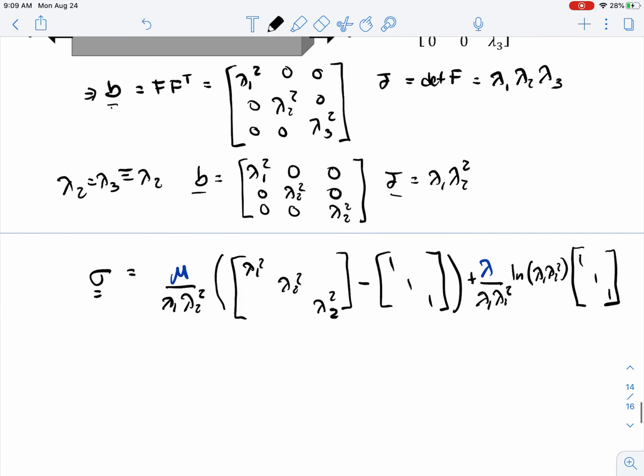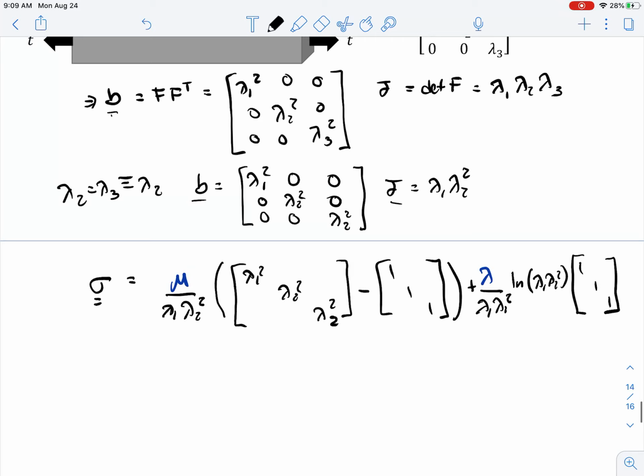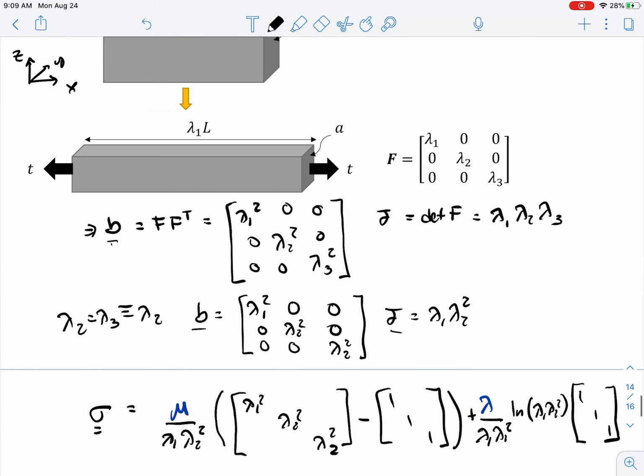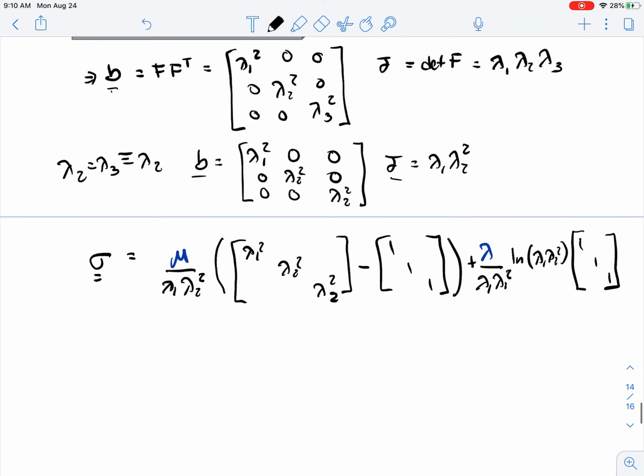So it's a 3 by 3 matrix. And then, which ones are the unknowns here? So lambda 1 I control, because typically, if you were doing this material test, you would actually control the displacement in the first direction and measure the force.